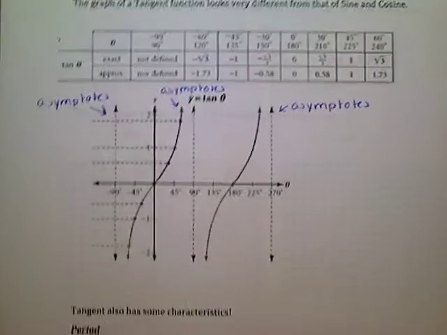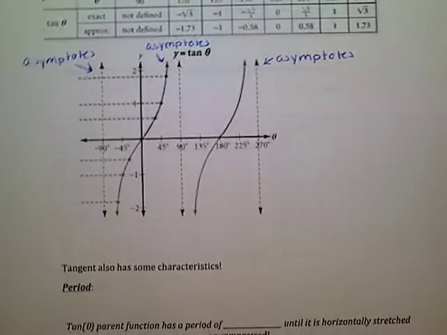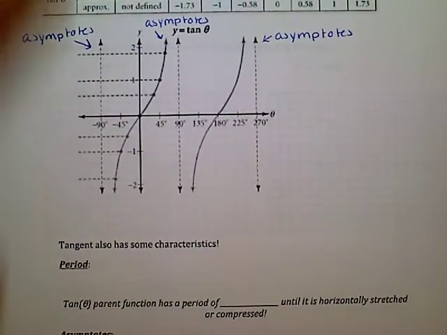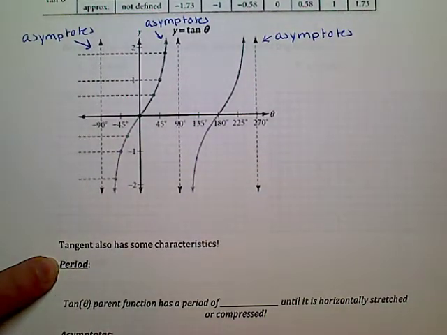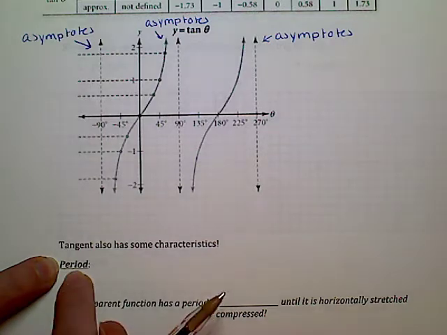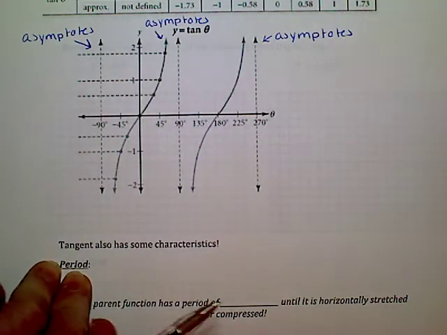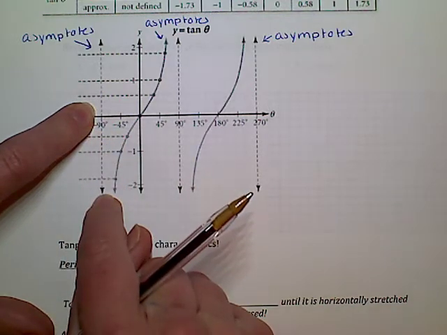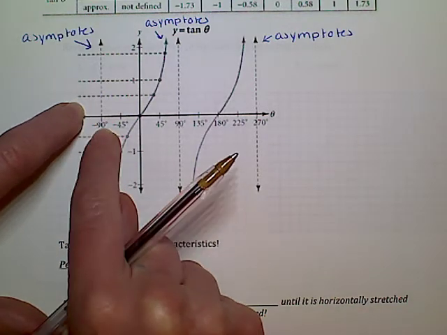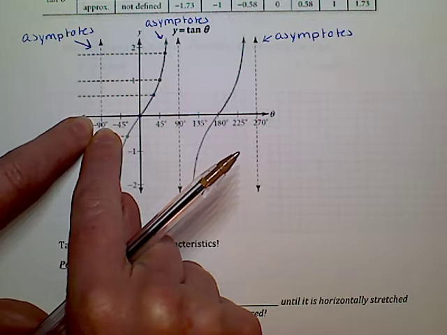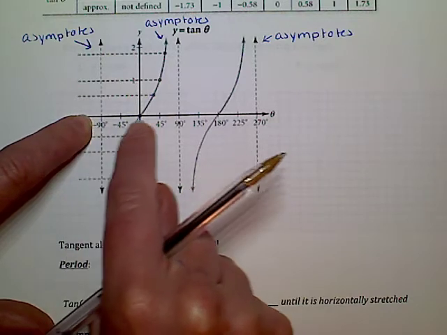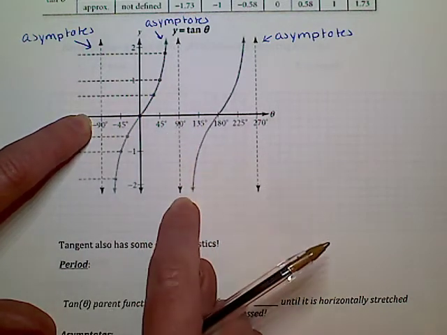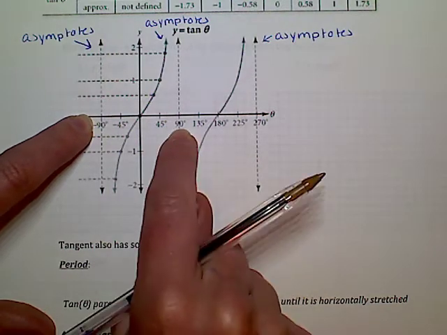Now, because tangent repeats itself, it also has a period, but it's different, okay? The period of tangent, it doesn't take as long to repeat itself. If you look at this asymptote, so basically our graph right here for tangent, it starts at -90. And it will start to repeat itself once we get to +90.